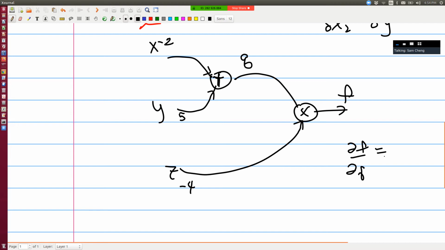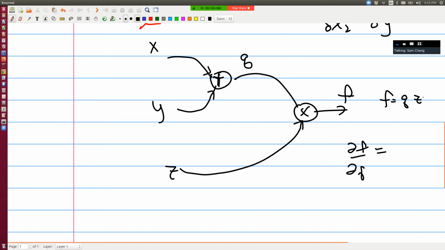Not the numerical value, just partial f with respect to q. f equals q times z.